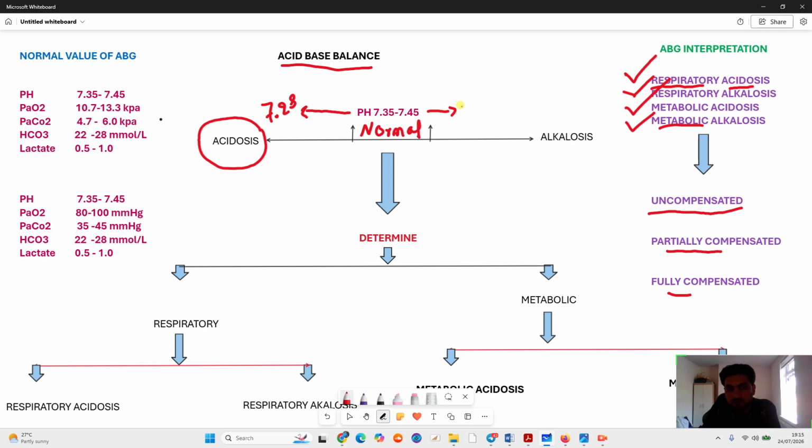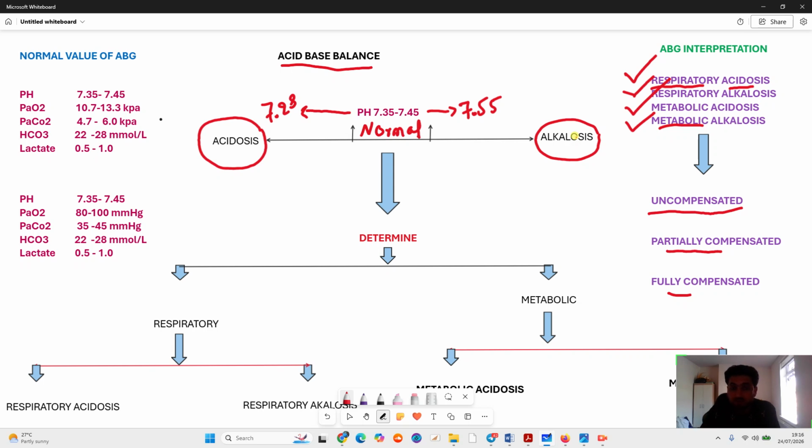If the pH level is going up, more than 7.45, like 7.55, we generally call that alkalosis. So just by reading one parameter, you will understand whether it is acidosis or alkalosis.